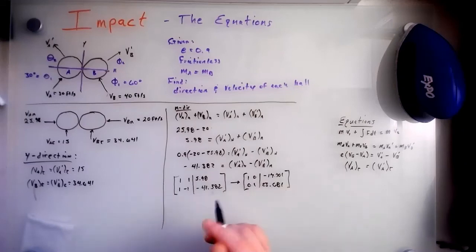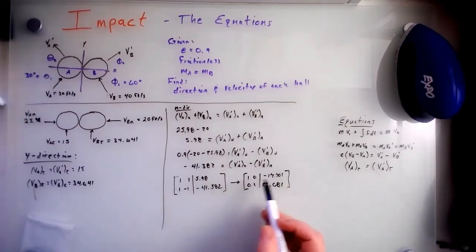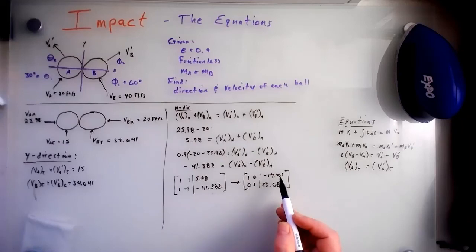So when we pull these out, what does this mean? This means that this is V prime A in the n direction, this is V prime B in the n direction.